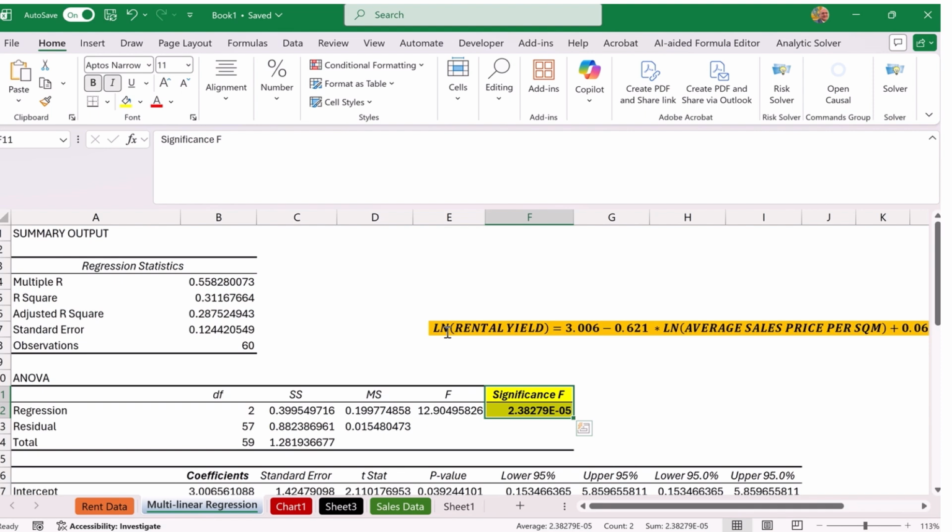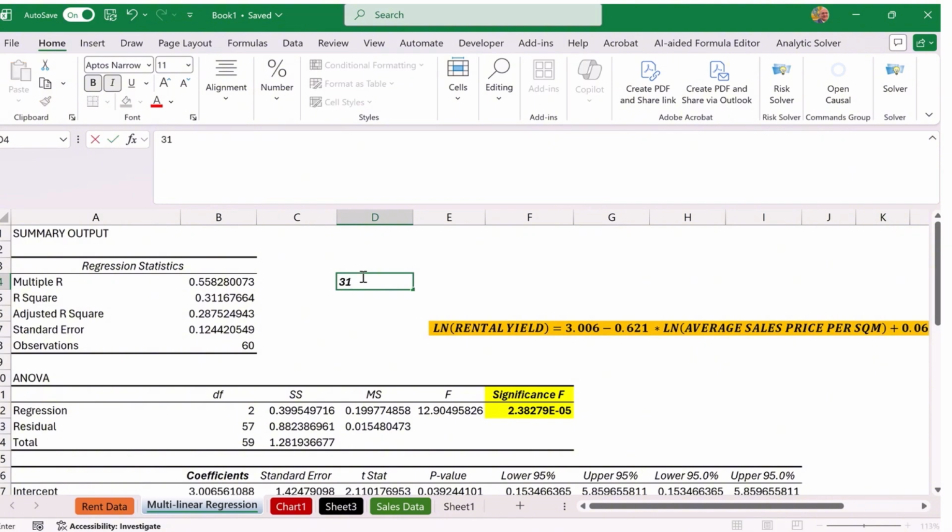So what does this tell us? This tells us that 31% of all yield changes or movements, whether up or down, are correlated purely with changes in prices and interest rate.